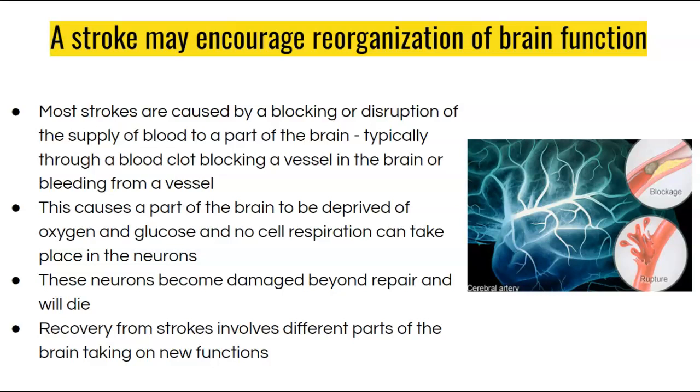This causes part of the brain to be deprived of oxygen and glucose, and if you don't have cell respiration taking place, right, oxygen and glucose are the reactants of cell respiration, then you don't have any energy being formed, those neurons aren't getting what they need, and they end up being damaged beyond repair and eventually will die. The recovery from a stroke, though, is possible because of the plasticity in your brain.